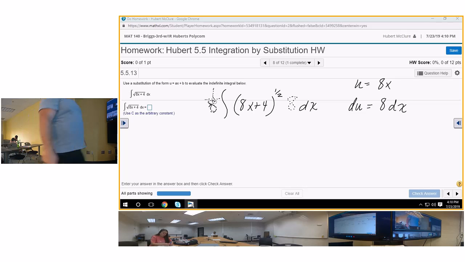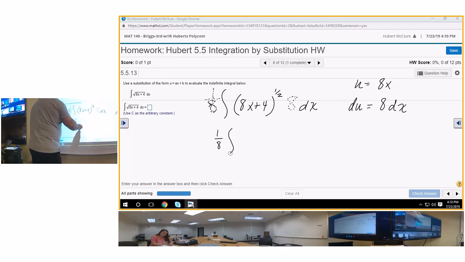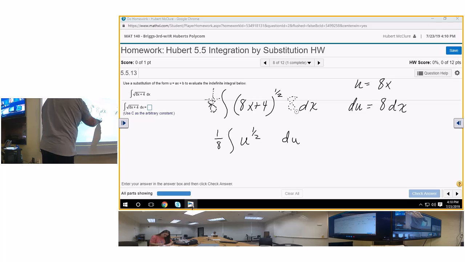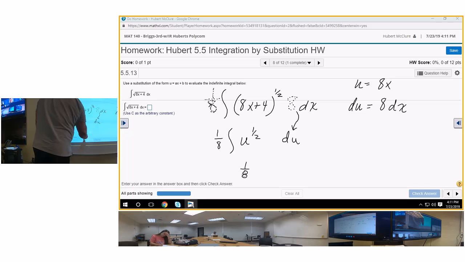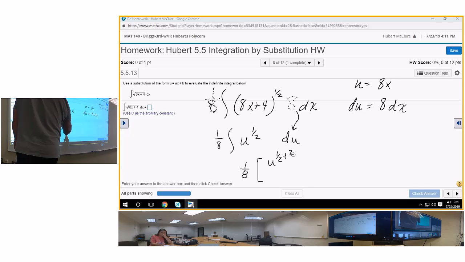So we get 1/8 times the antiderivative of u to the 1/2 du, because this is du, and this is u to the 1/2 power. So that's going to give us 1/8 brackets. I'm going to do this because I don't want you to break an anvil with a banana. u to the what? 1/2 plus 2/2 over 1/2 plus 2/2.